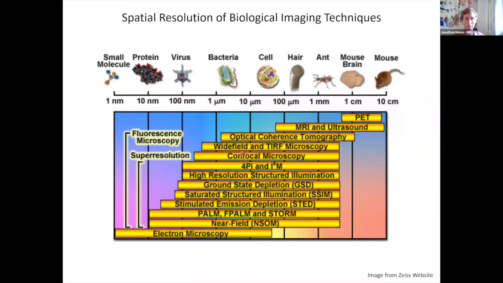These techniques are great, and although their resolution is not as good as EM, they have the advantage that they are compatible with live cell imaging, and there are also multiple colors of photon, so you can multiplex and look at multiple targets at one time.